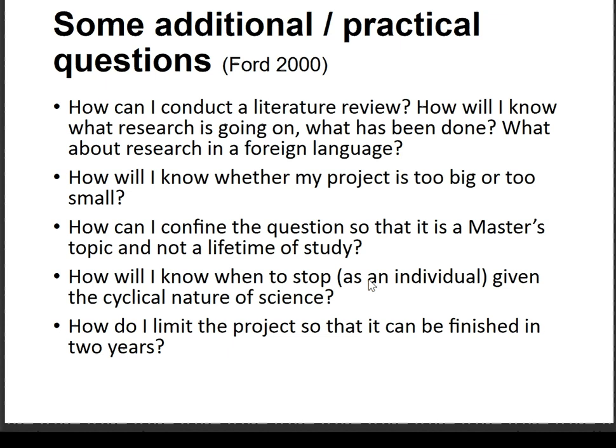For instance, if you want to look at growth rates of trees, usually you would measure the trees once and then 3 years later measure them again, and then the next 3 years measure them again. So you would have at least 6 years there, and that means you can't really do it as a PhD unless somebody has gathered the data already and it is there ready for you to analyze.